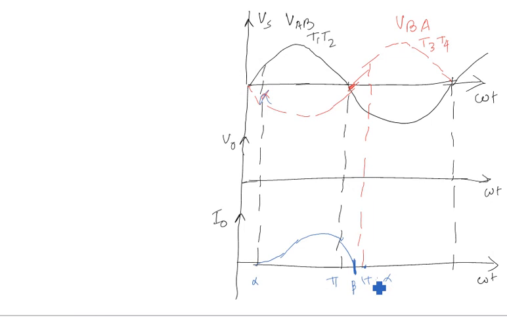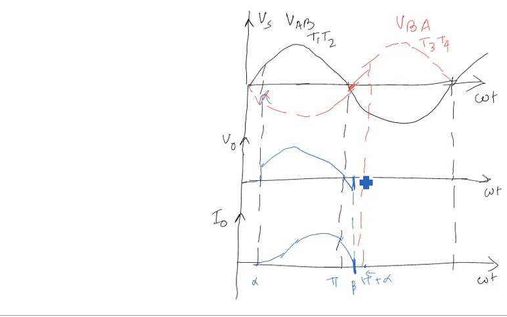As beta is here, in between pi and pi plus alpha, your output voltage will go to zero. The output will trace your supply voltage only, but it has a negative portion till beta.